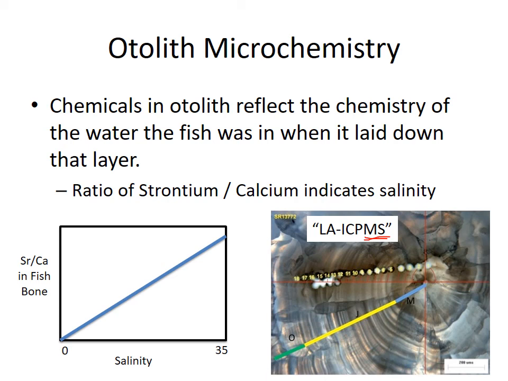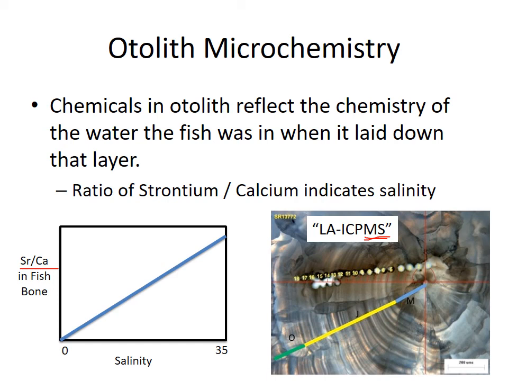And some of the ratios of different elements in the bone of the ear can tell you about the environment that the fish was in. So one of the classic things that's often analyzed is the ratio of strontium to calcium in the fish bone.